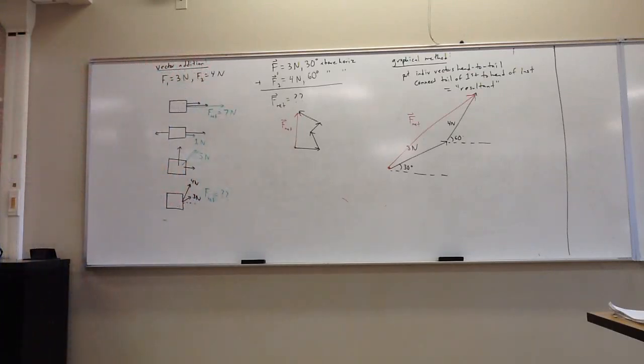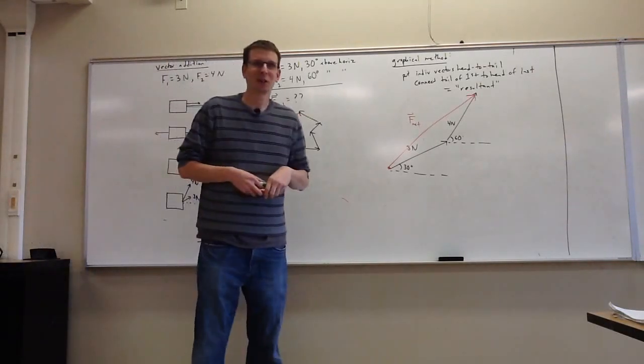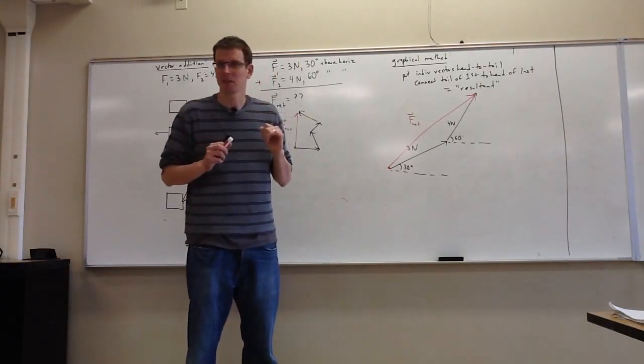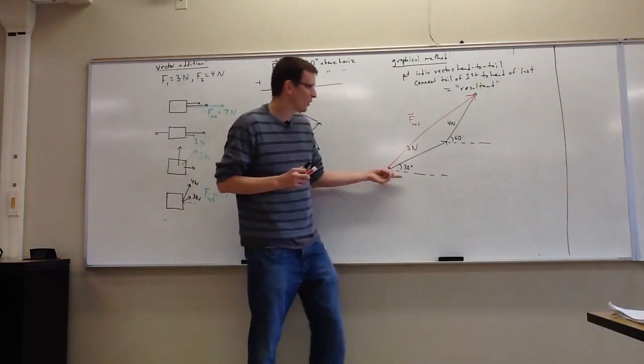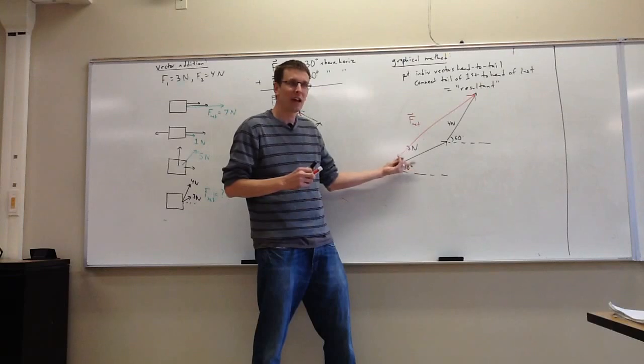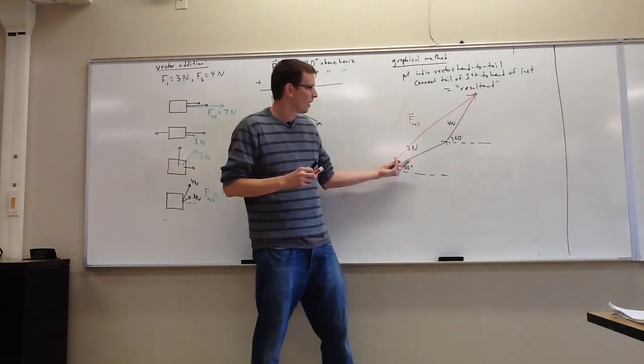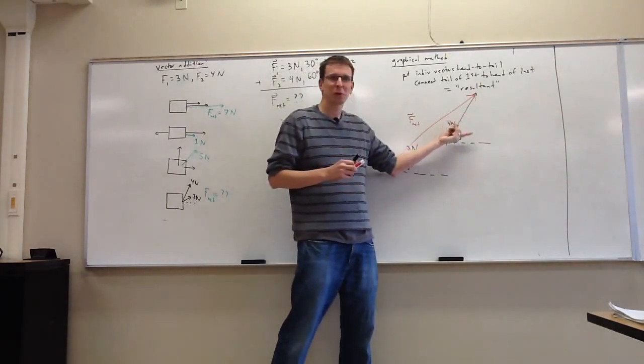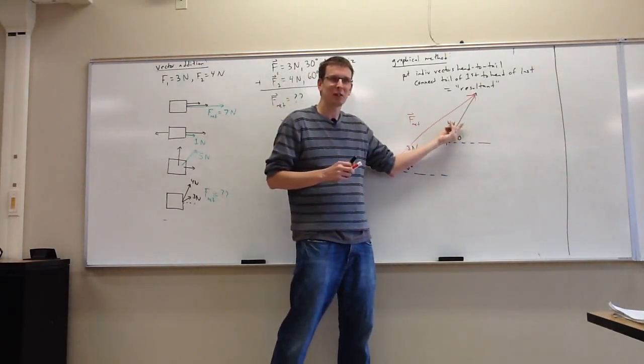Now, how are you going to try the graphical method out in lab? What you're going to do is you're literally going to treat it like a little experiment. You're going to very carefully sketch this with a protractor, making sure it's the right angle that you want, 30 degrees or whatever, okay? And then sketch this one out and measure with a protractor and make sure that it's exactly the angle you want.